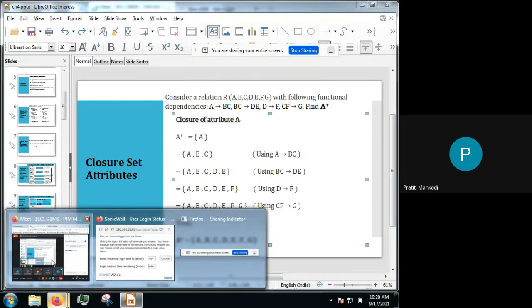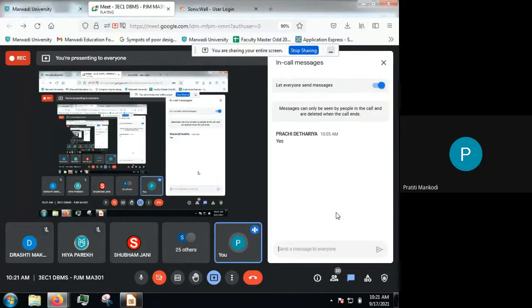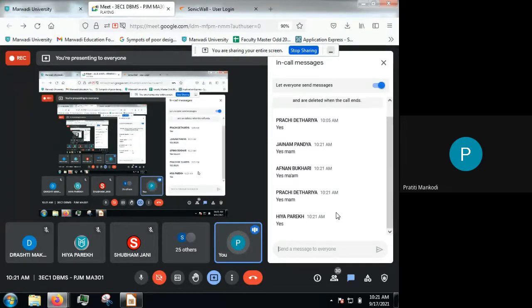Is it clear from my side? I'm not getting the proper voice. So can anybody write it in chat box? Okay. So it's a very easy process. Just you need to remember. You need to check the left side portion, that is determinant part.